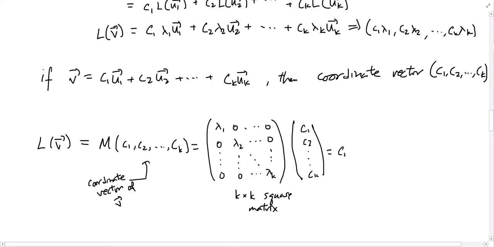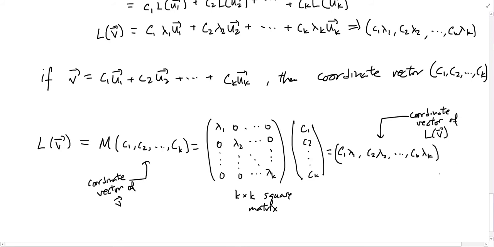And this is the coordinate vector of L of vector v, the output.